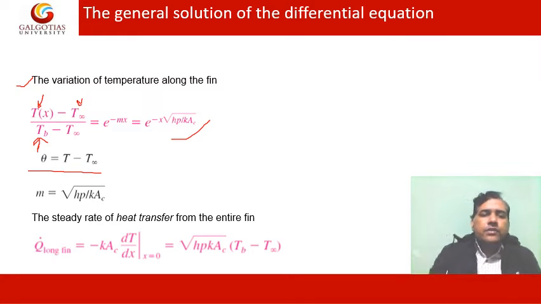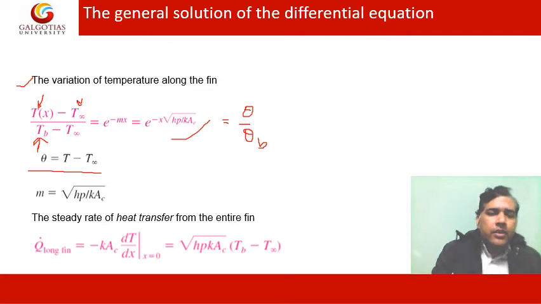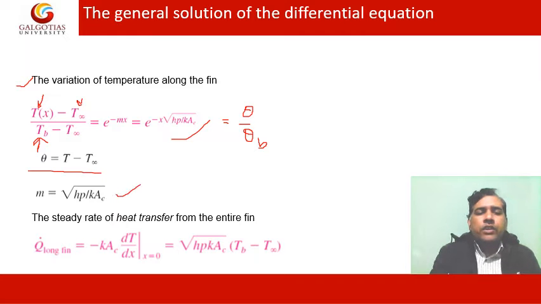You can also write this equation in this form: theta upon theta b equal to e to the power minus mx, as has been discussed in the previous slide as well. And m, as we have earlier described, equals the square root of hp upon Ka.